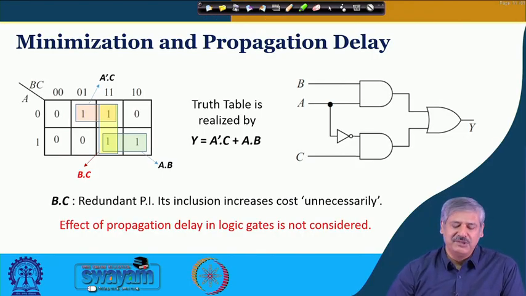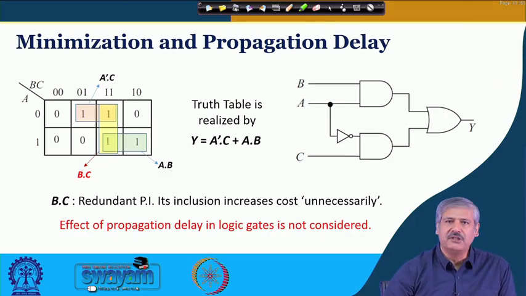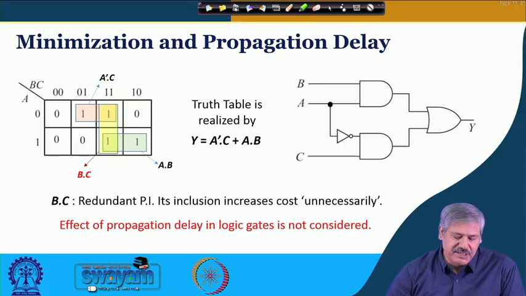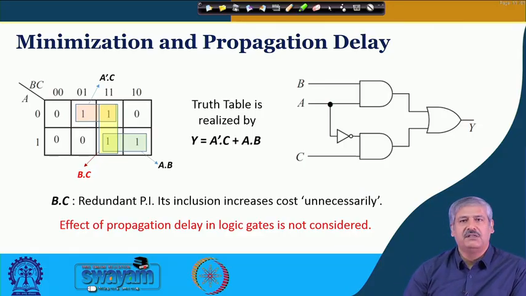So, we look at again a very simple problem, the kind of problem we have seen before. This is a minimization of a truth table using Karnaugh map, where there are 4 minterms present.